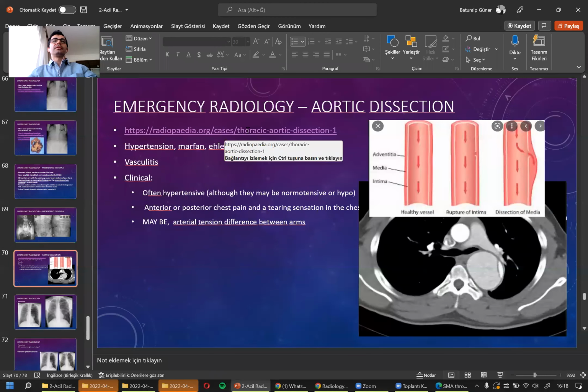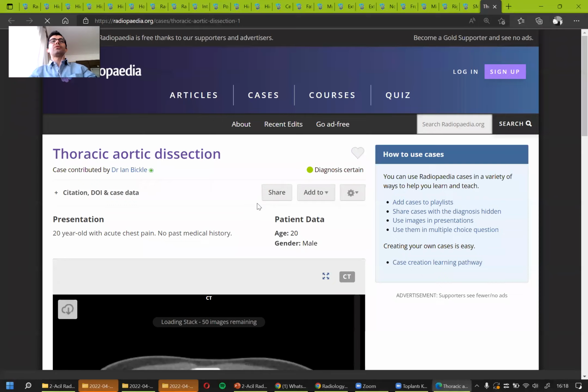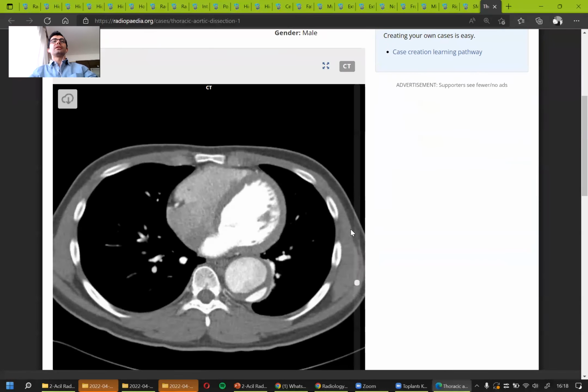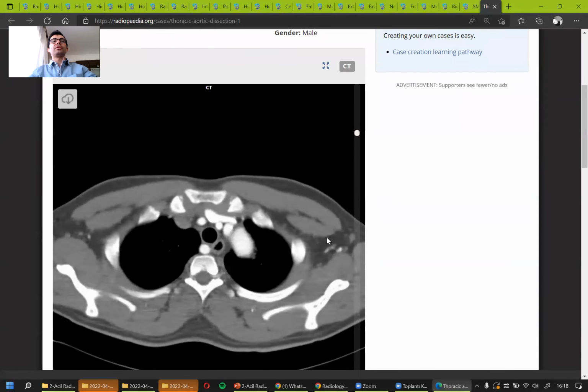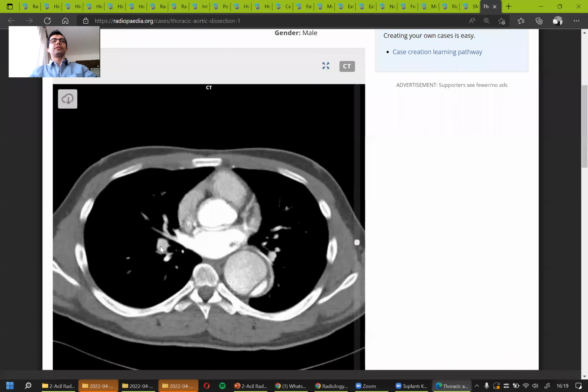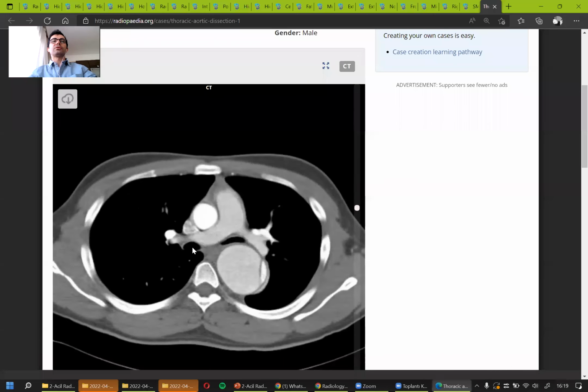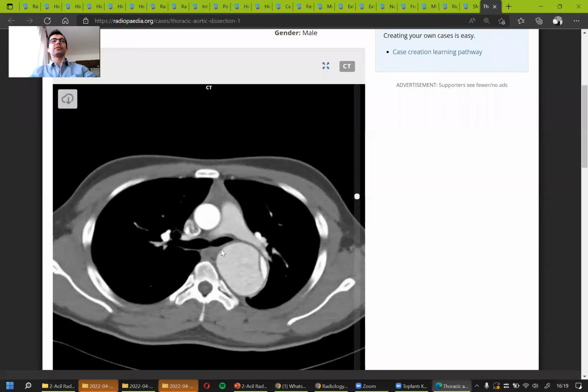Also, this patient that you have seen at the very last was a thoracic aortic dissection case. When we are looking at a case, I look at the pulmonary arteries. I'm not seeing any thrombus inside. This was also a pretty young patient.